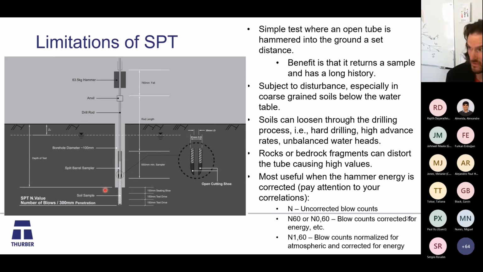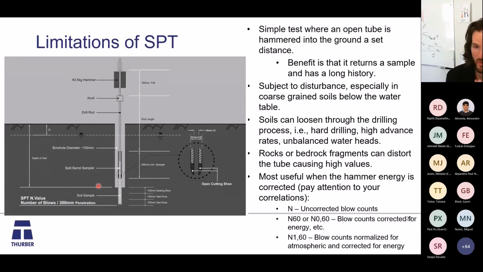The benefit is it returns the sample and has that long history. It's subject to disturbance, especially in coarse grain soils below the water table. Soils can loosen through the drilling process: just hard drilling, high advance rates, unbalanced water heads. Rocks or bedrock fragments can distort the tube, causing high values.